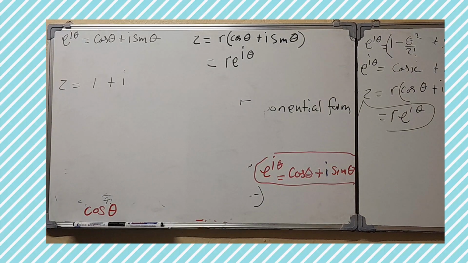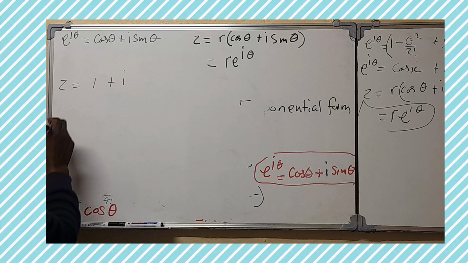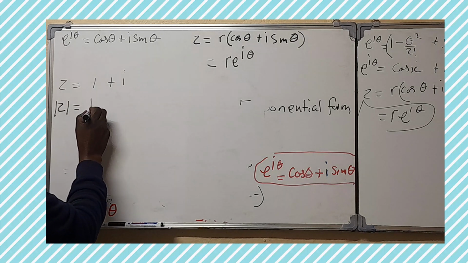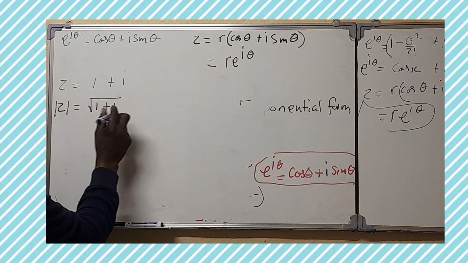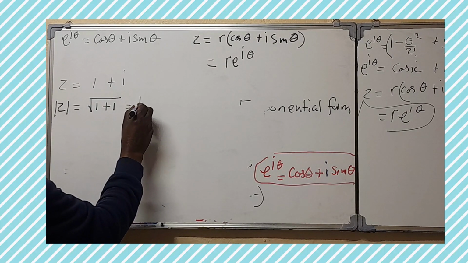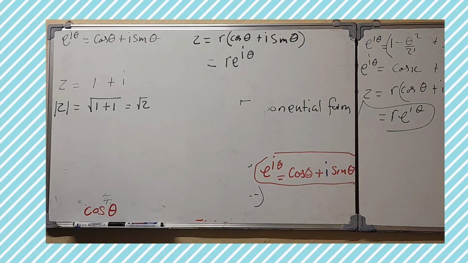So what is the modulus of z? We know that the modulus of z is equal to the square root of 1 squared plus 1 squared, which is equal to the root of 2. That's the modulus of z. What is the argument of z?